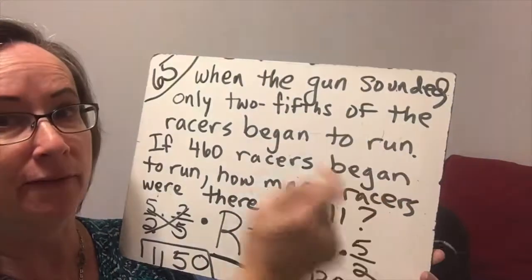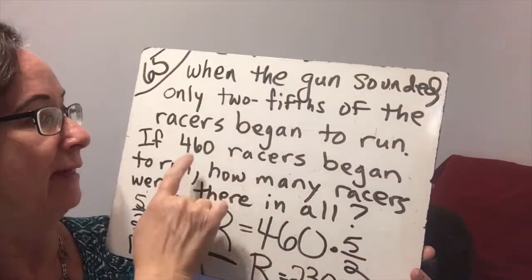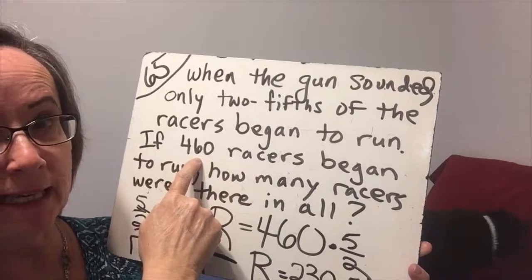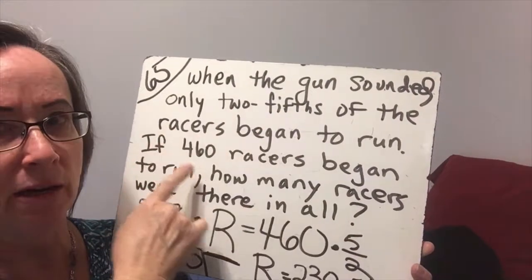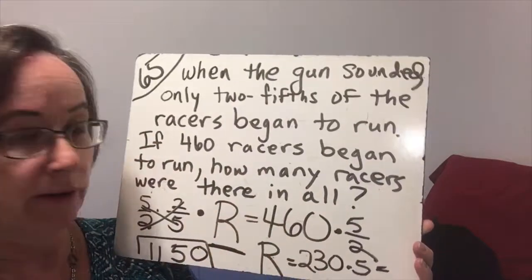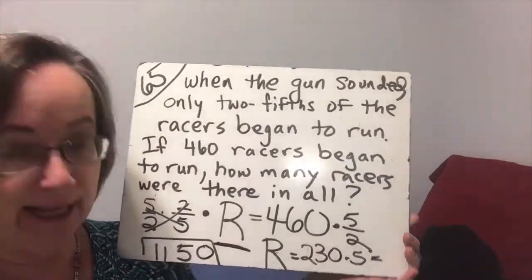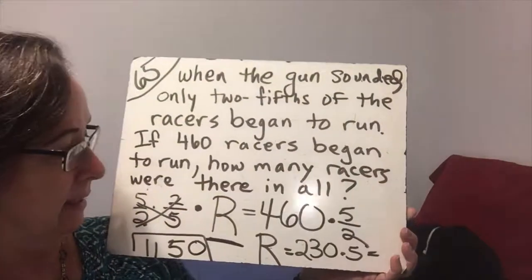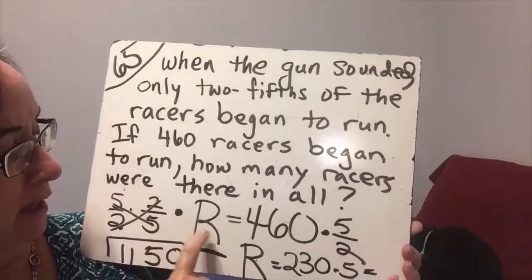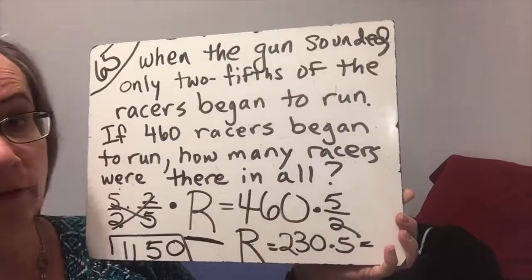And then the 460 were the ones that began to run. So it's 2/5 of the total equals the 460. And that's what we had here as our equation.